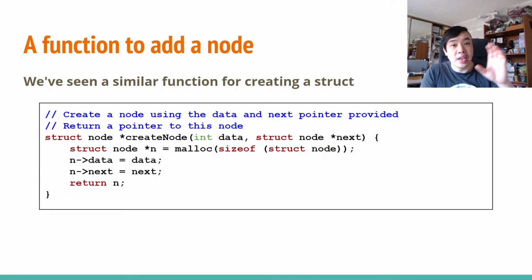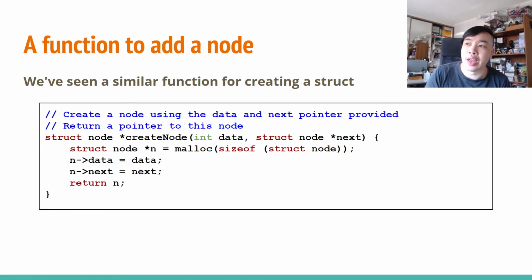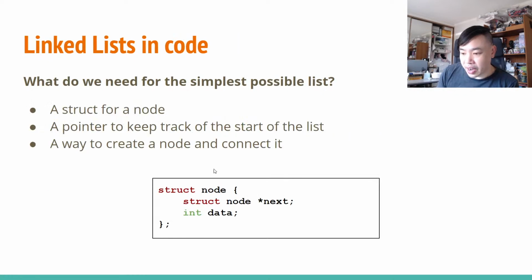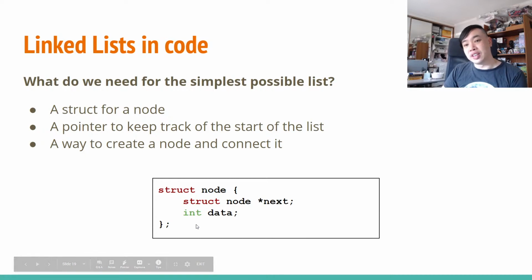So for example, if I wanted the group of benders on Tuesday to be in a linked list rather than an array, then I could have in the data here, instead of an integer, a string for their name, another string for their element, and then an integer for their power. So this struct could get much bigger, and that's fine. That doesn't change the fact that it's a linked list.